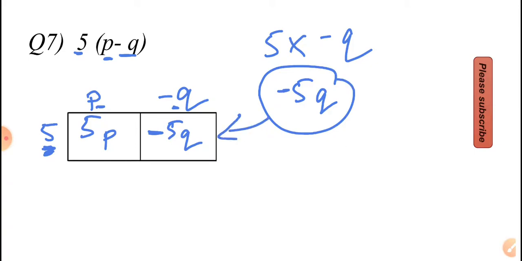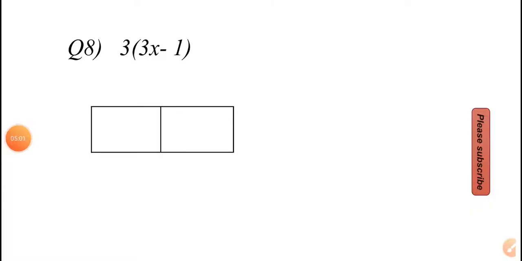Now, as I've said, to be good at this topic, you need to be good at multiplying and dividing, especially multiplying by negative numbers, and also maybe adding negative numbers later on as we see more difficult questions. So the final answer is 5p take away 5q. So it's question 8.